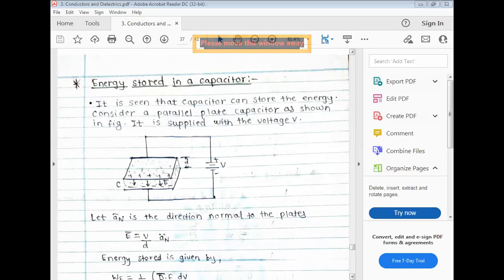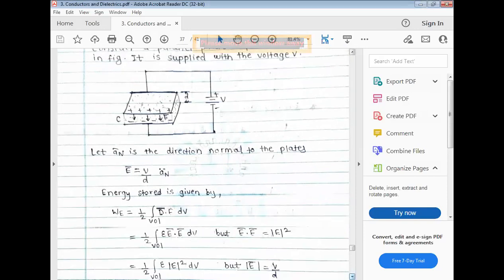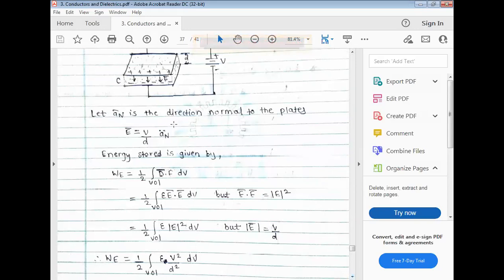Here it is a parallel plate capacitor which is supplied with potential V. Let a bar N be the direction normal to the plates, and E bar is equal to V upon d a bar N. That is, the supply voltage divided by the distance, into the normal unit vector a bar N.